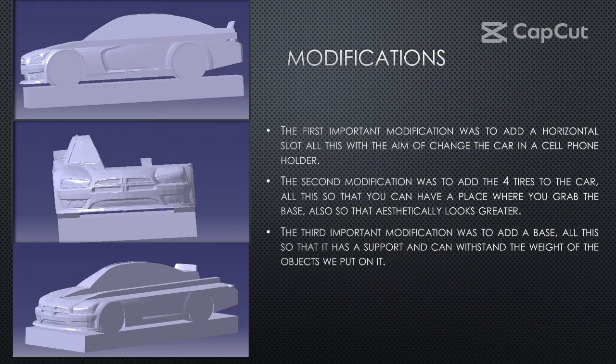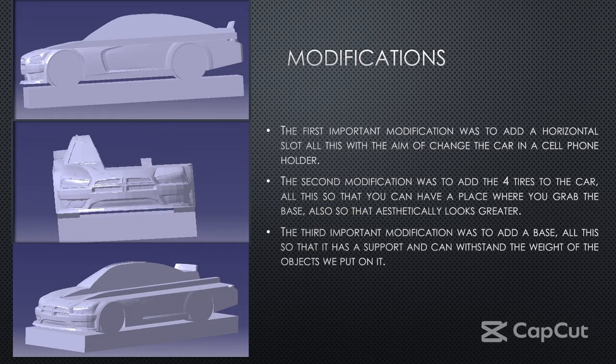The modifications of this piece are the following. The first and most important modification was that we added a horizontal slot, with the aim of changing the car into a cell phone holder.